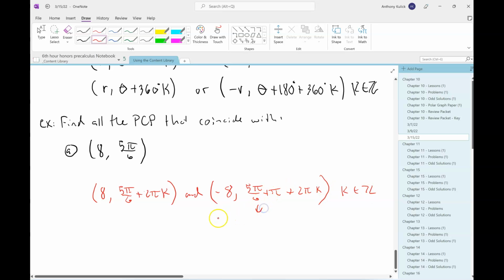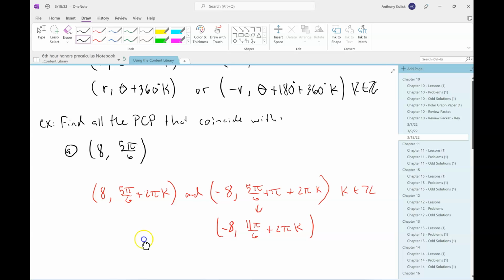Now really here we should probably simplify this one. If I add 5 pi over 6 and pi, we get 11 pi over 6. But that's the gist of it, right? All we basically did was fill stuff into our formula. Minimally big deal. That's pretty easy.